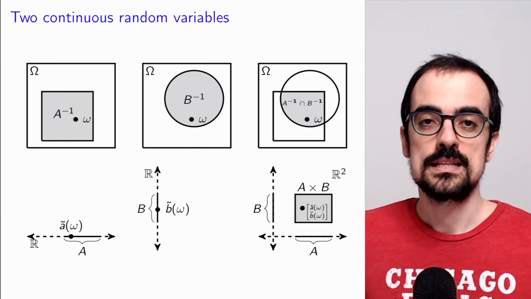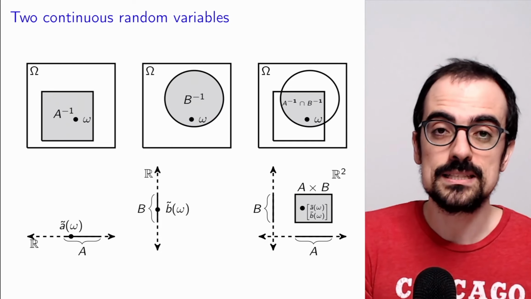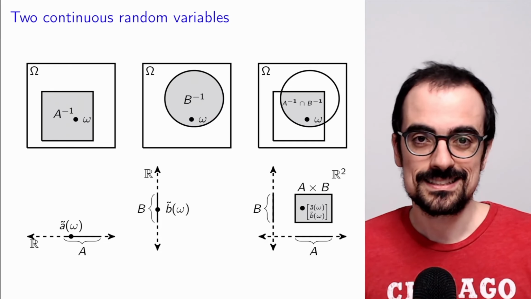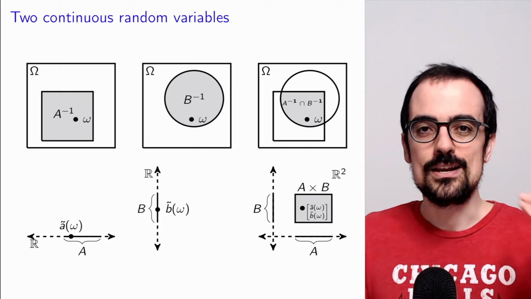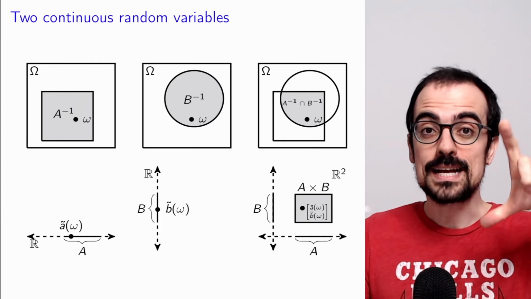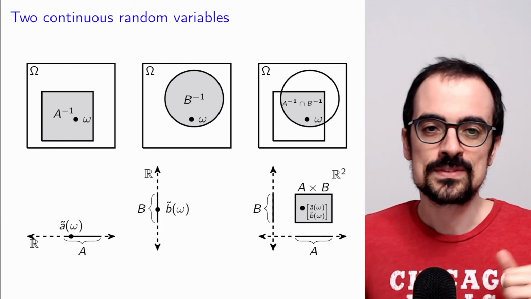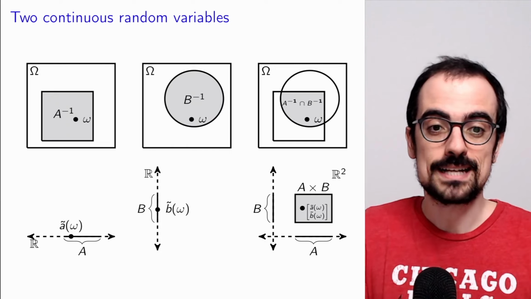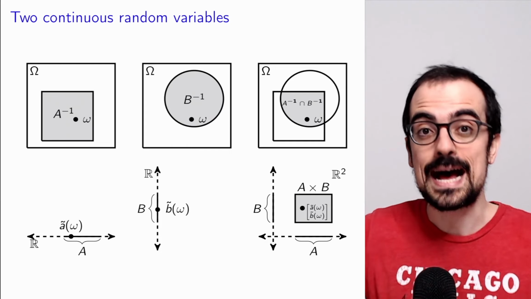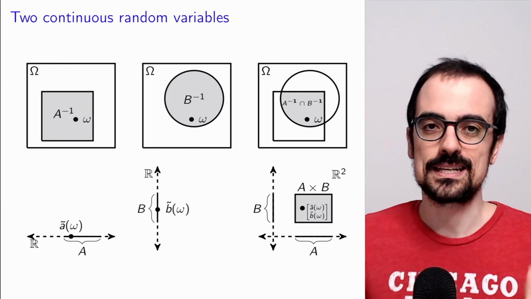In general, once we have continuous random variables that are defined on the same probability space, automatically the probability that they belong to intervals at the same time, or equivalently, that random vectors obtained by stacking these random variables as entries are in rectangles in the case of 2D, or hyperrectangles in the case of D dimensions, is going to be well defined.